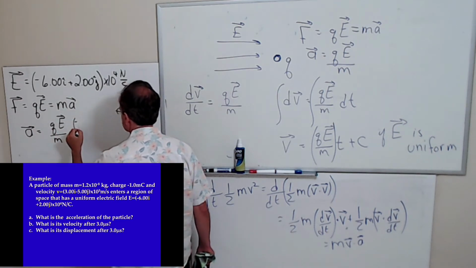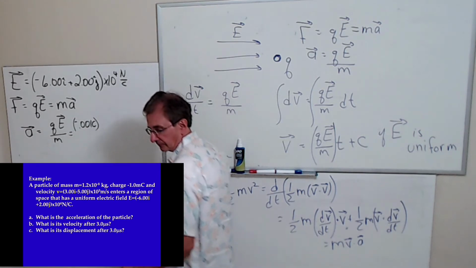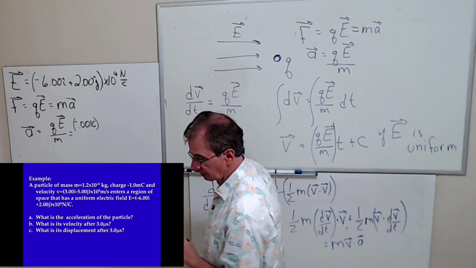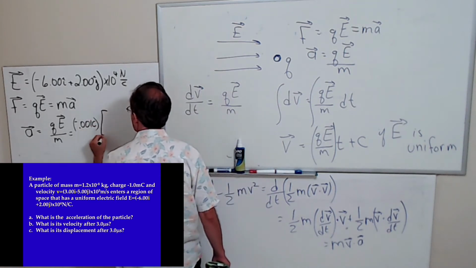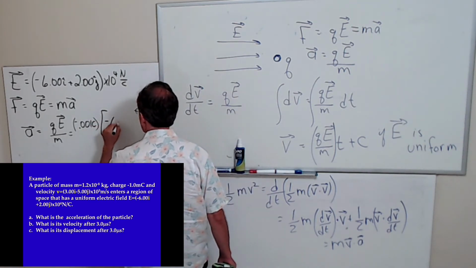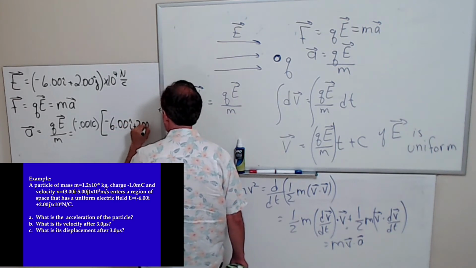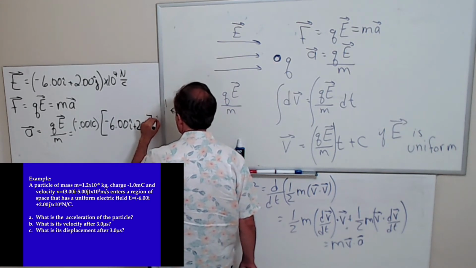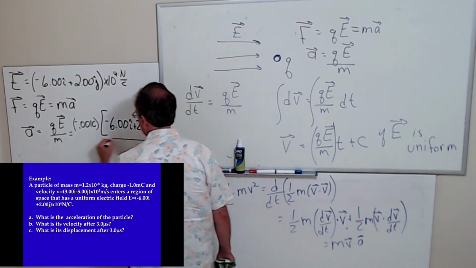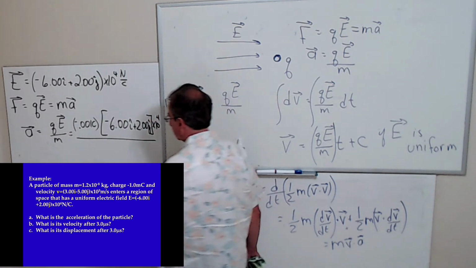The charge is minus 0.001 coulomb, that's 1 millicoulomb. If you can't see anything, just let me know. And you plug in the field. And then I divide by the mass. The mass was 1.2 times 10 to the minus 8 kilograms.